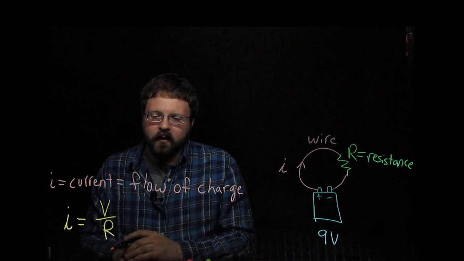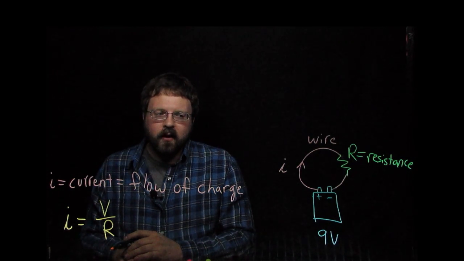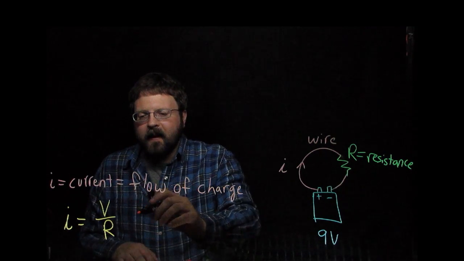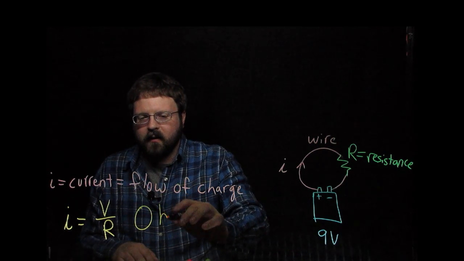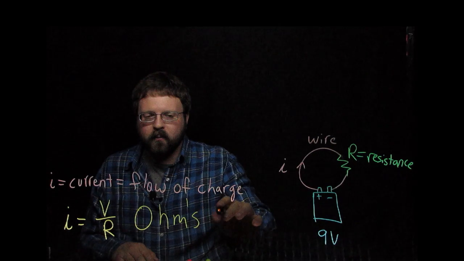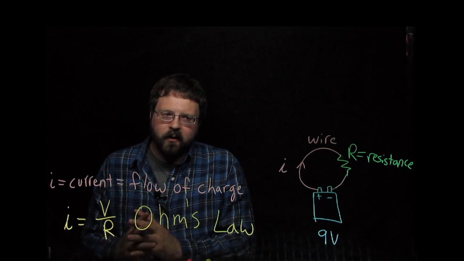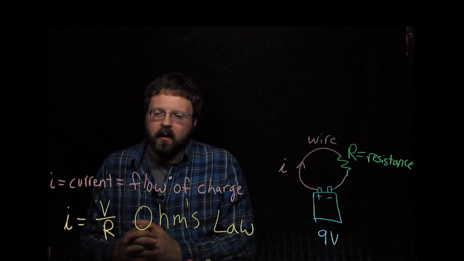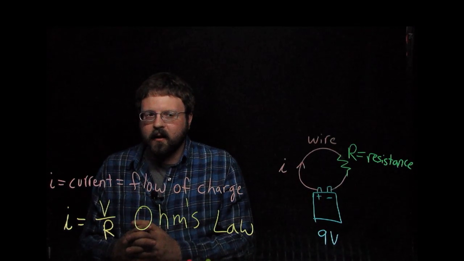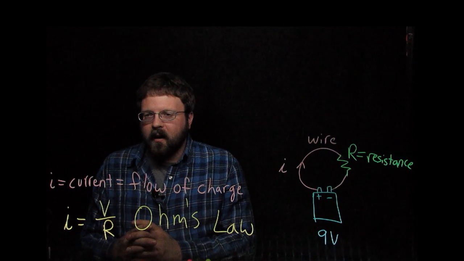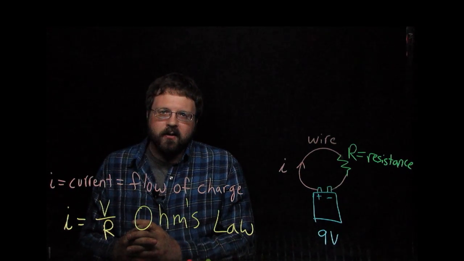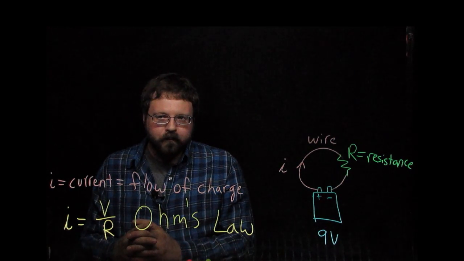The more resistance there is, the less current will flow through the circuit. This relationship is what's known as Ohm's law. This is an extremely important, extremely fundamental principle when you're talking about circuits, and you can get very, very far just with Ohm's law.